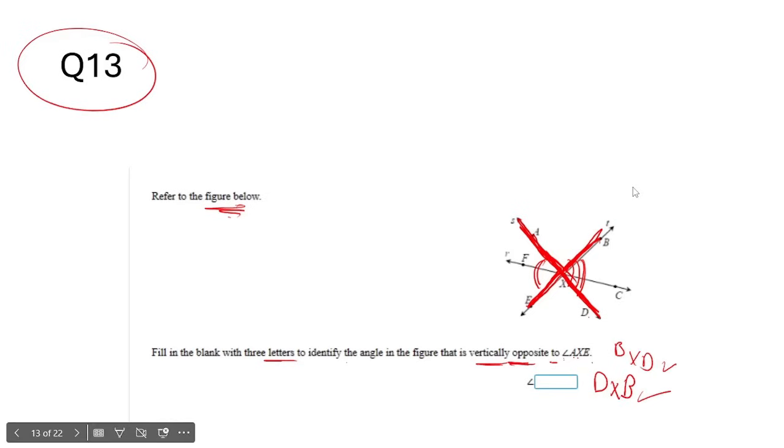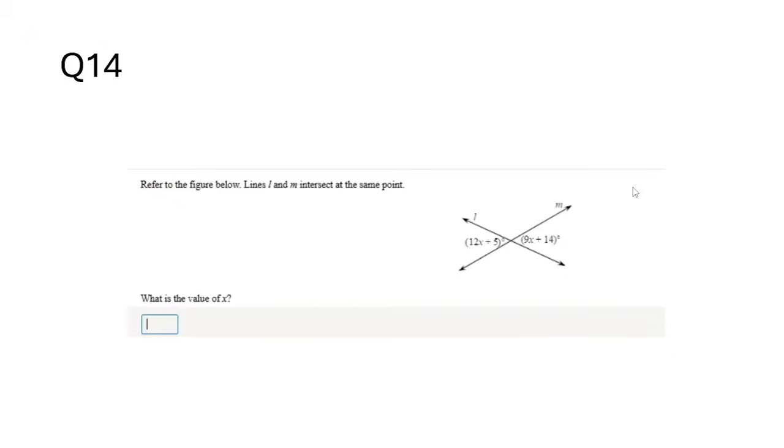Okay? Question number 14. Refer to the figure below. Lines L and M intersect in the same point, which is this point. What is the value of x? Okay, this angle and this angle are opposite angles or vertical angles, right?